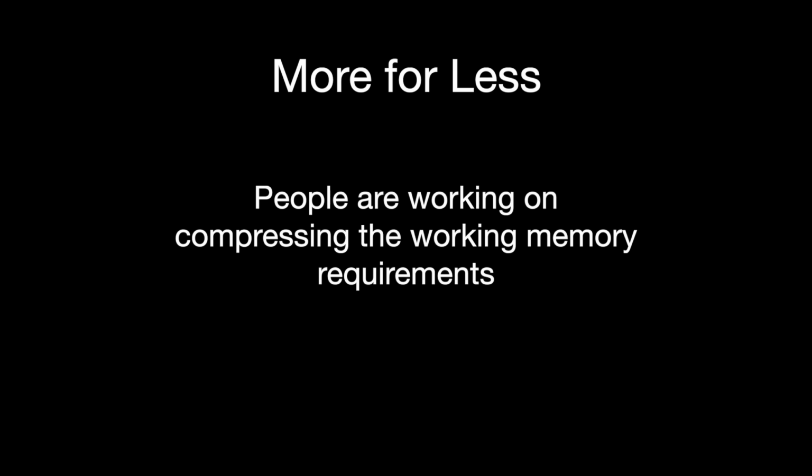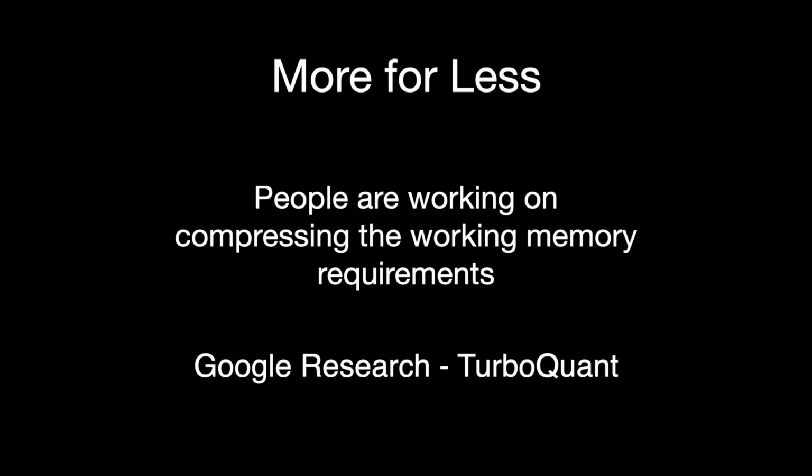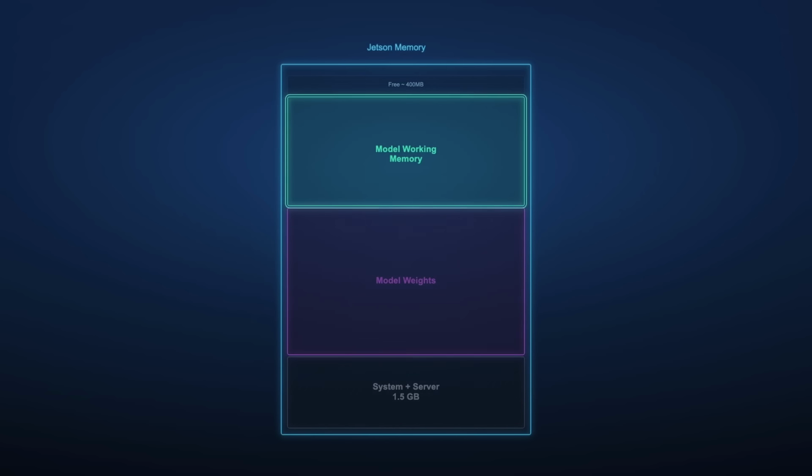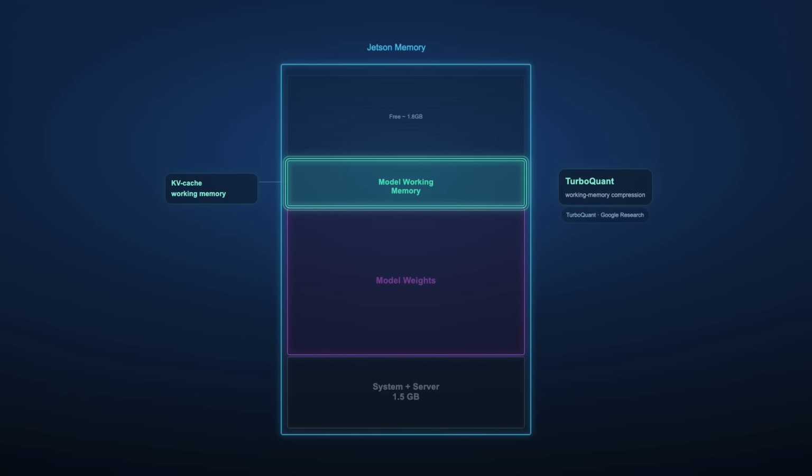The KV cache working memory problem is actively being worked on. New techniques, such as TurboQuant from Google Research, compress those cached attention entries much more aggressively than conventional approaches, with minimal quality loss. This squeezes the working memory side of the problem, complementing weight quantization on the model side. That work is starting to show up in experimental implementations. The promise is straightforward.